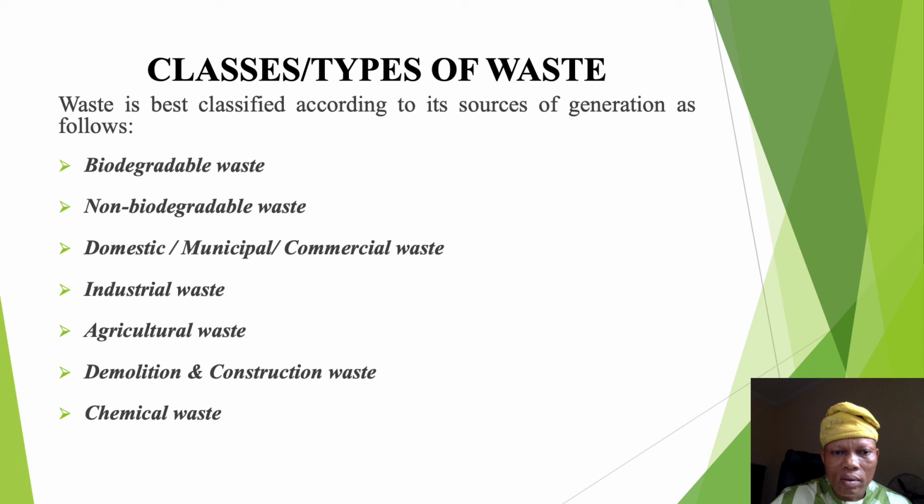Then we have demolition and construction waste. These are the waste generated from demolition of old structures, and as well those from construction of roads, houses, etc. The type of waste produced will depend on the age and type of structure involved, but it's usually inert. The last but not the least, under the classes of type of waste is the chemical waste.